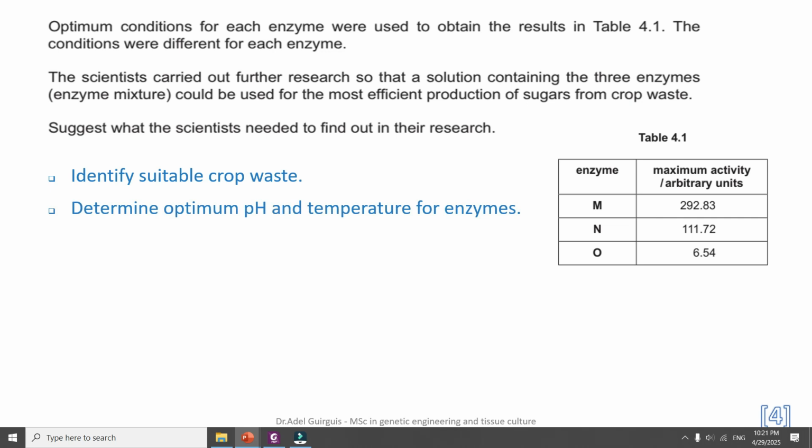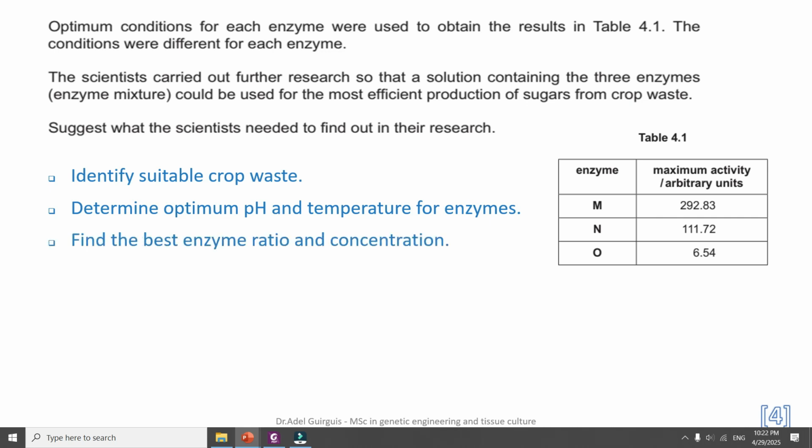Then determine optimum pH and temperature for each enzyme. Each enzyme is different from the other, so they work in different conditions. So scientists need to determine optimum pH and temperature for these 3 enzymes.